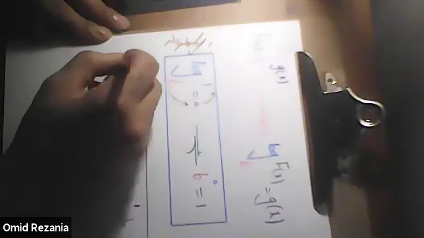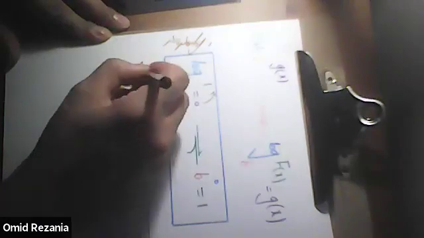Correct? Is it clear? Yes. Nice. We call that property number 2.